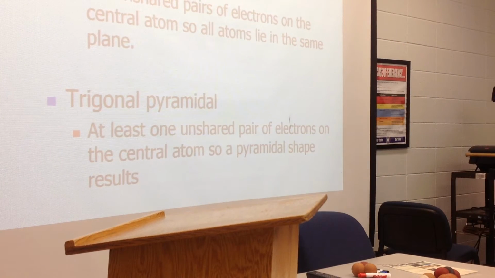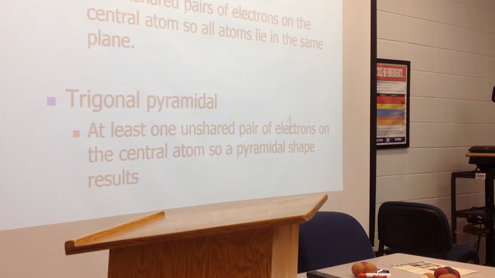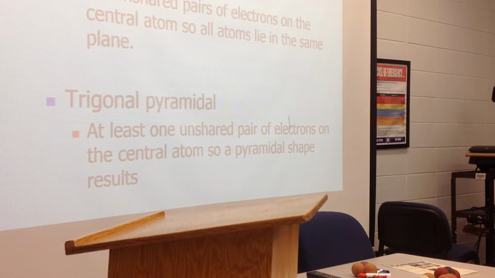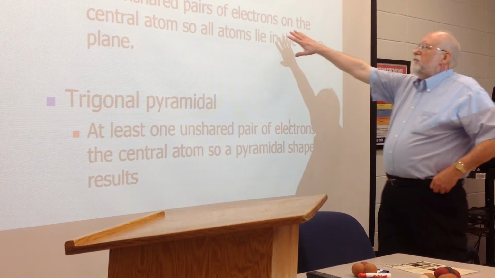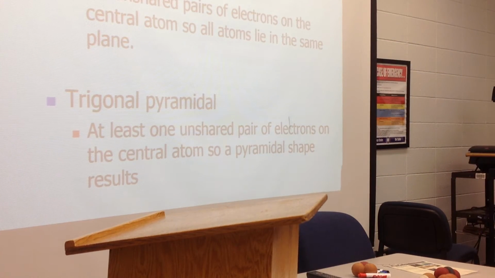Now, 4 atom molecules, 2 different elements. If there are no unshared pairs of electrons on the central atom, all the atoms lie in the same plane. And the shape? Trigonal planar. Here's what it looks like.